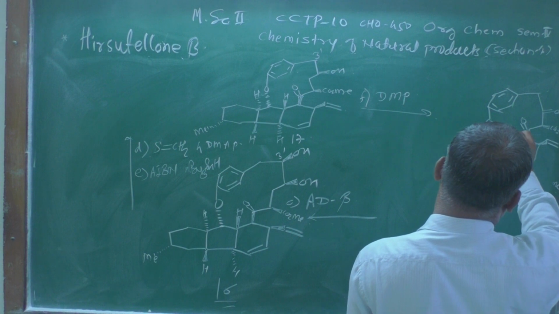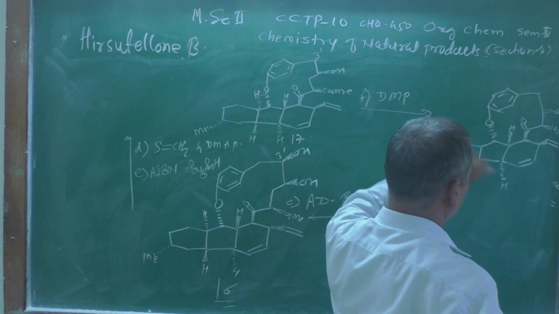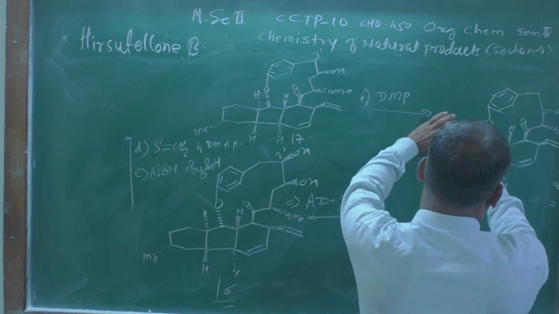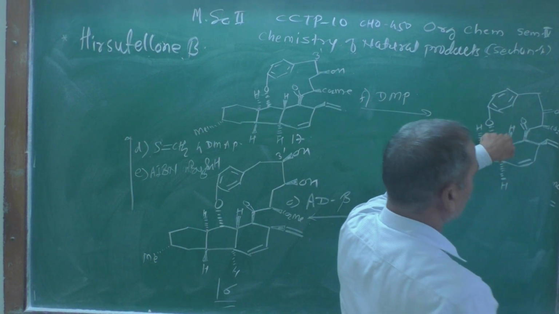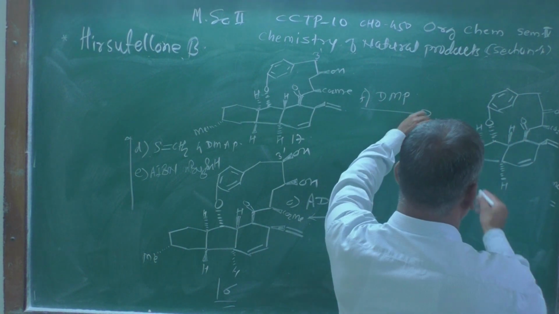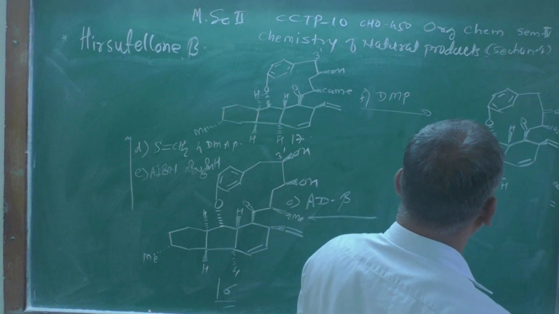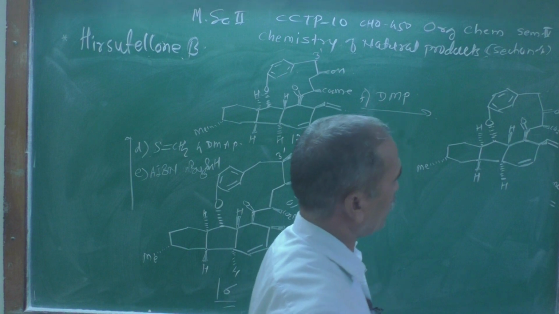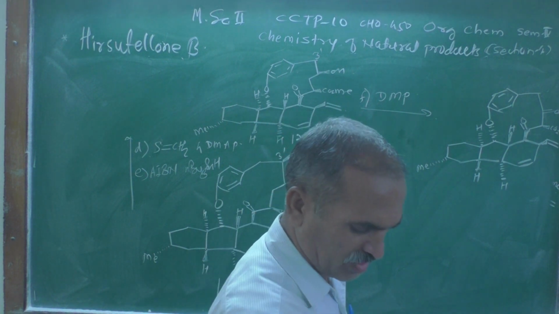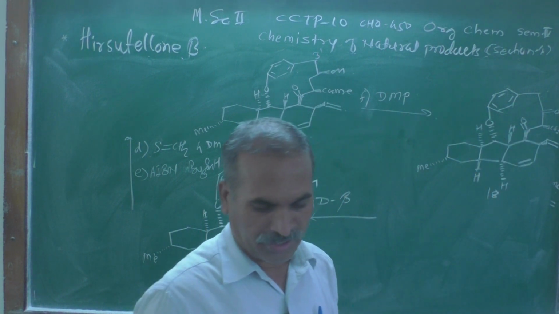The rest remains as it is, the hydrogen lies as it is. This junction is trans, and this junction also is trans, but exactly opposite to that hydrogen atom. Here this is above the plane, this should be below the plane, and the hydrogen at this junction is above the plane, while the methyl group always remains below the plane. This structure is a new one, known as structure number 18.